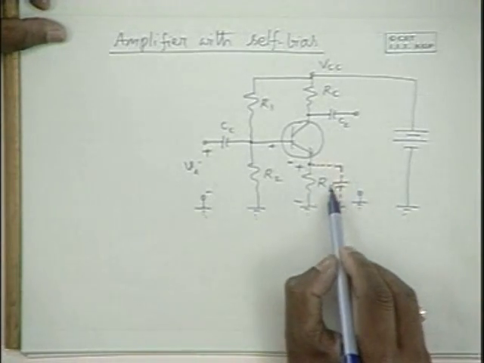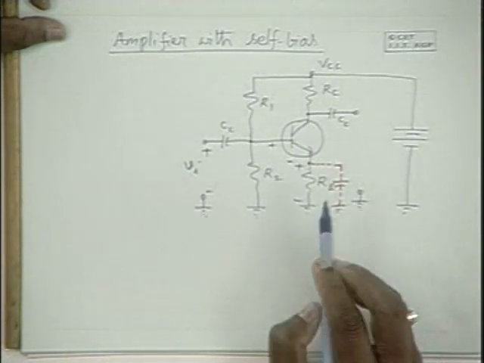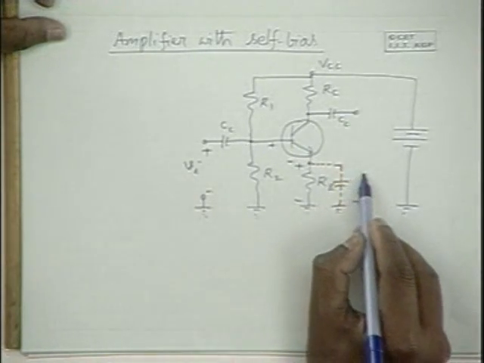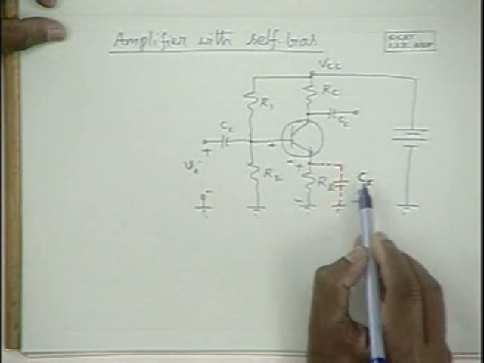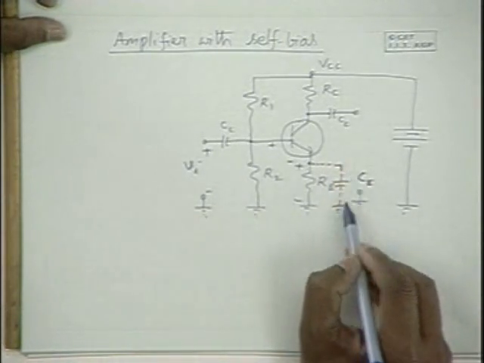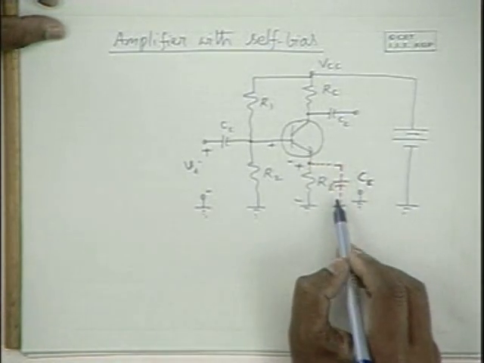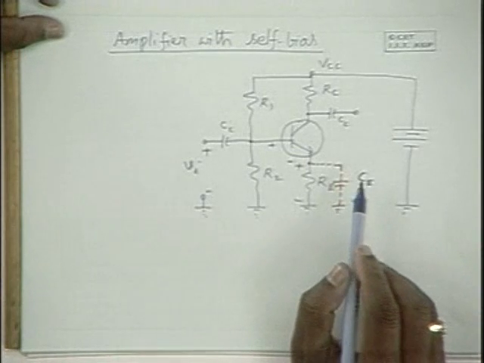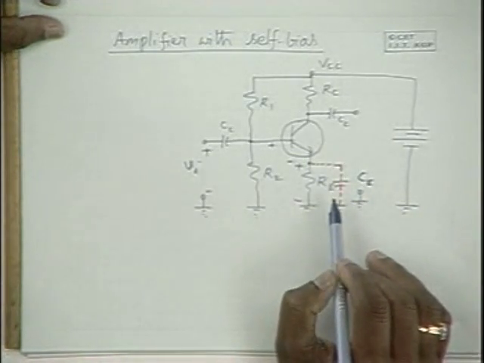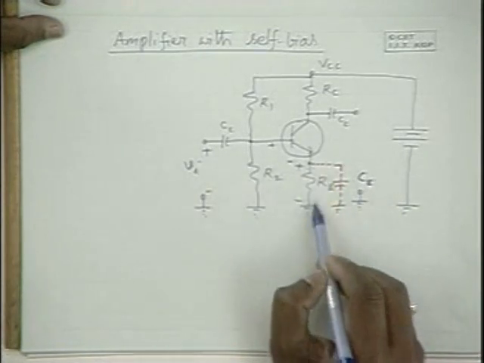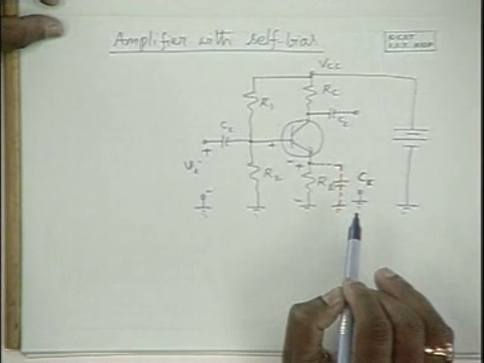If you introduce a capacitance here, let me use the symbol CE, and if the capacitance is large enough to make its impedance negligibly small, you can treat it as a short circuit as far as alternating signals are concerned.